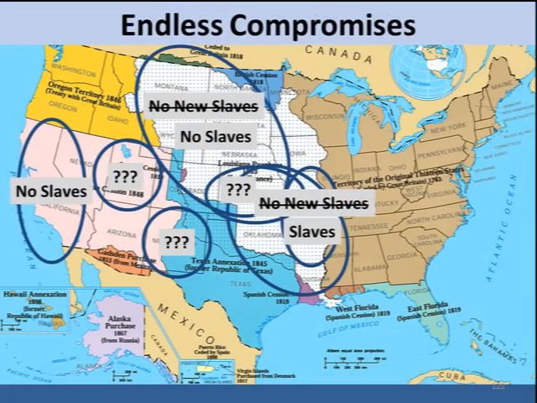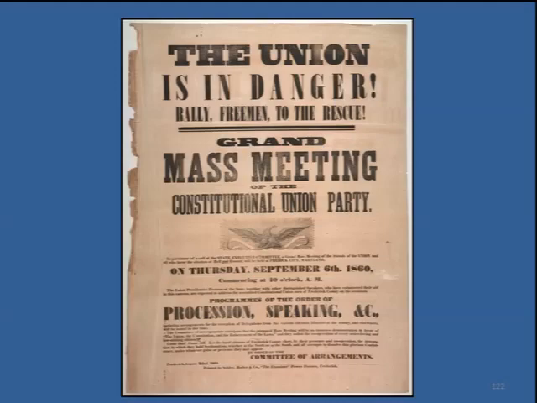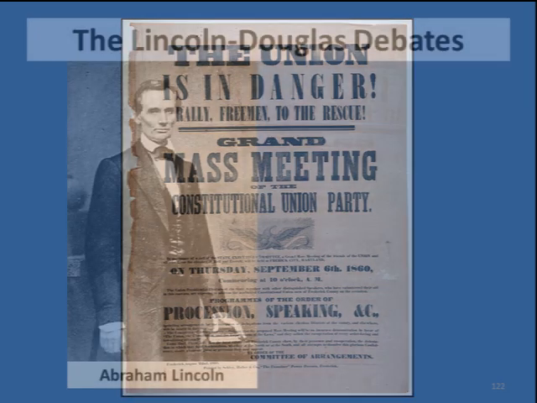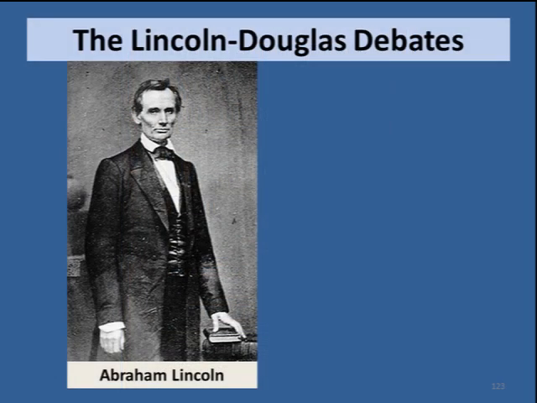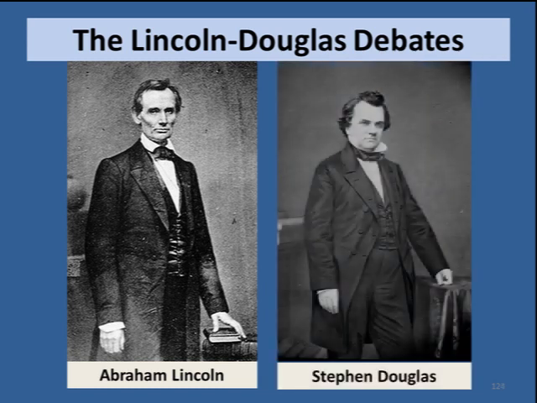So, by the 1850s, slavery had become the most serious issue in the United States. Compromises were not working, and Southern states were openly talking about leaving the Union. In 1858, during the Senate election in Illinois, an unknown Republican lawyer named Abraham Lincoln had 7 debates with his Democratic opponent, Stephen Douglas.